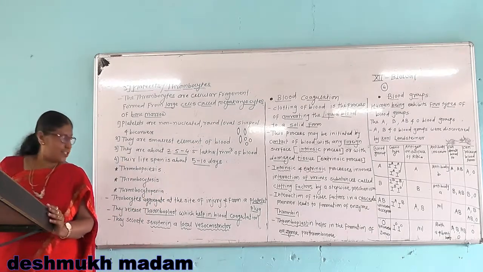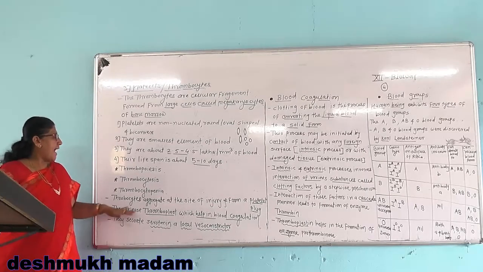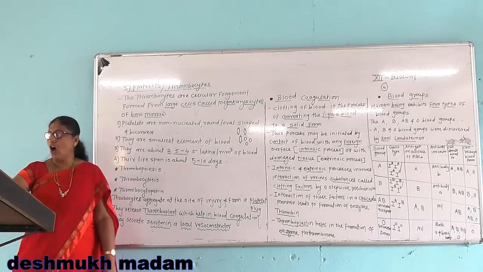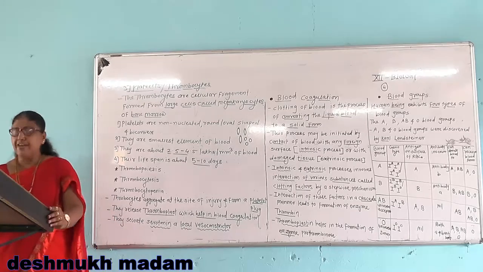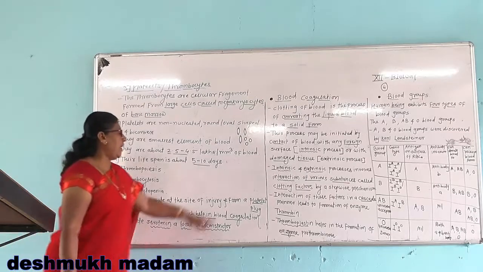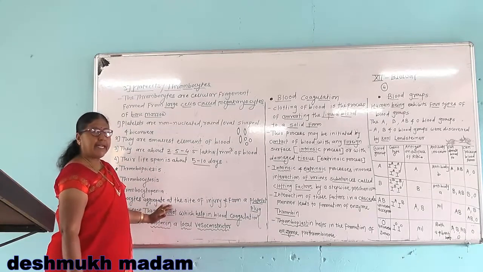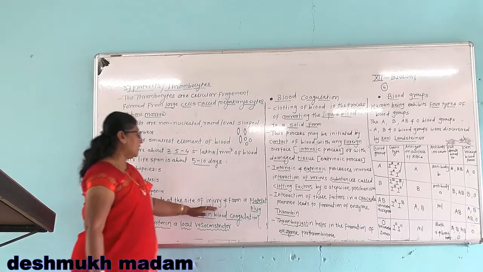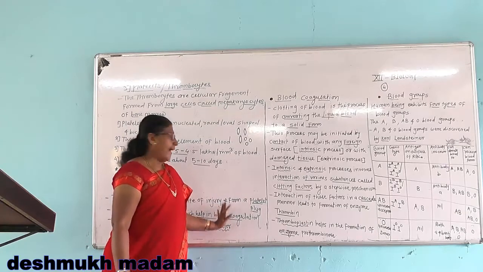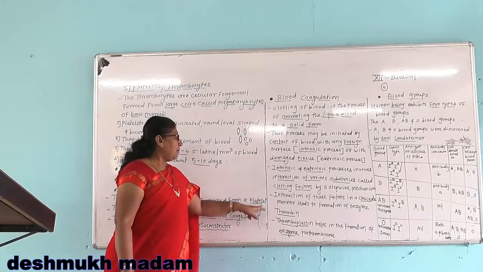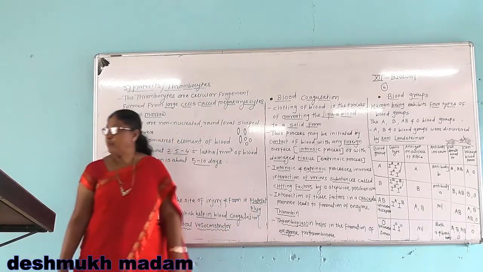Thrombocytes or platelets aggregate at the site of injury and form a platelet plug.